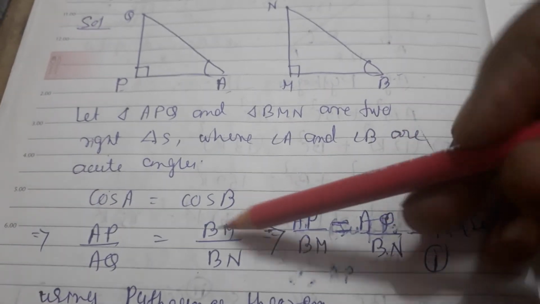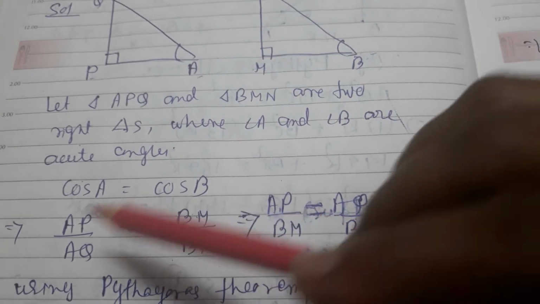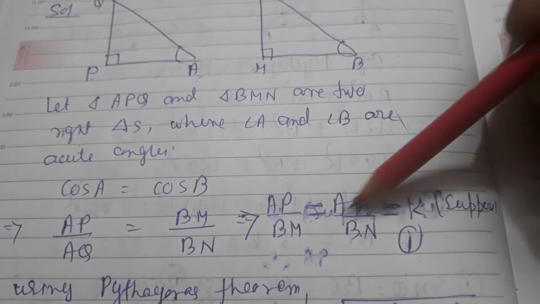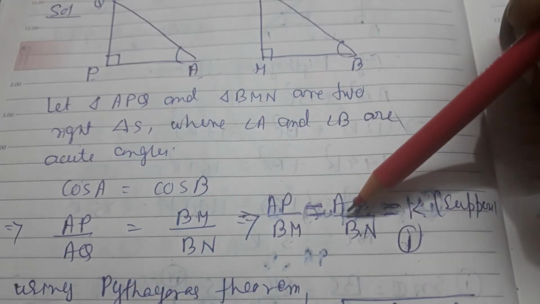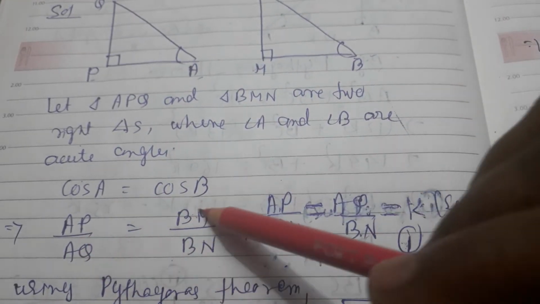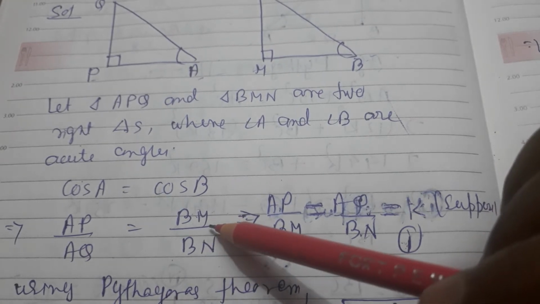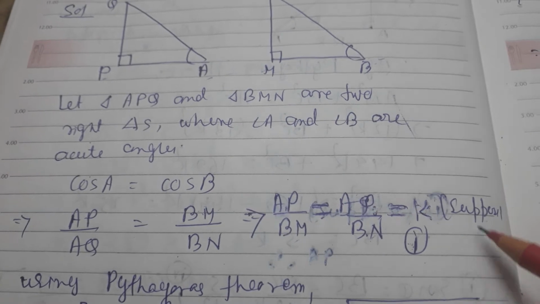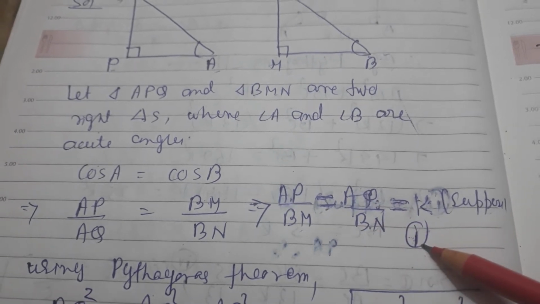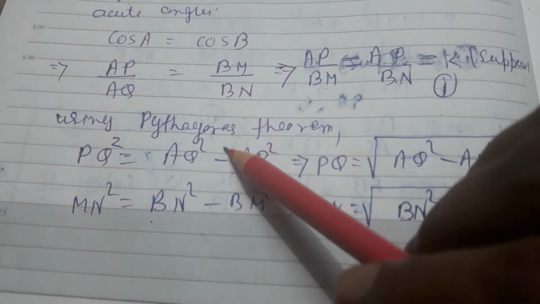Now this AQ and BM, by cross multiplication you can change it. So AP by BM equal to AQ by BN, means these two terms can be changed by cross multiplication process. Equal to K, suppose. Now you take it equation number 1. Using Pythagoras theorem, you take out PQ.